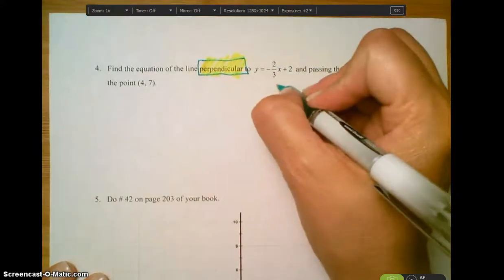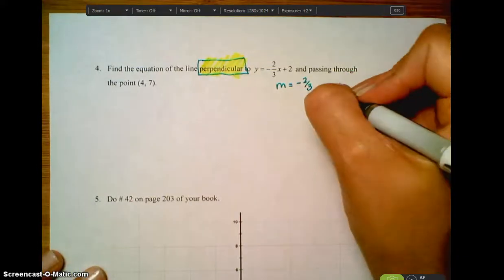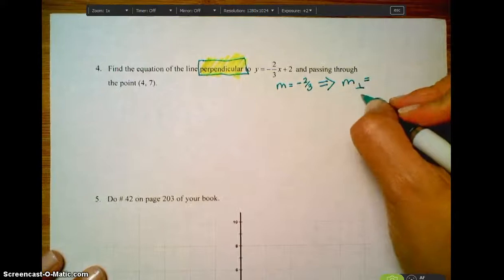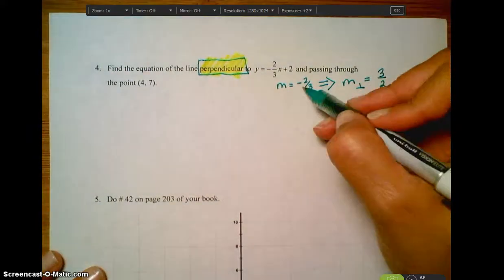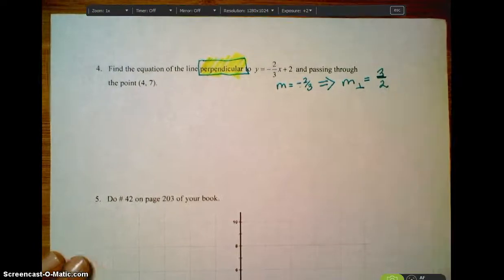So I'm going to take this slope, which right now is -2/3, and flip it and change the sign from negative to positive.